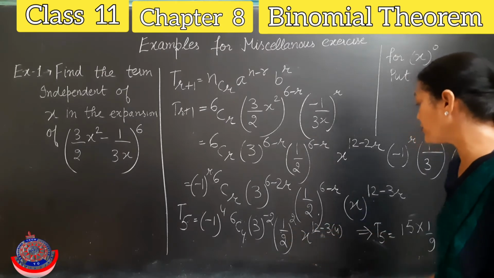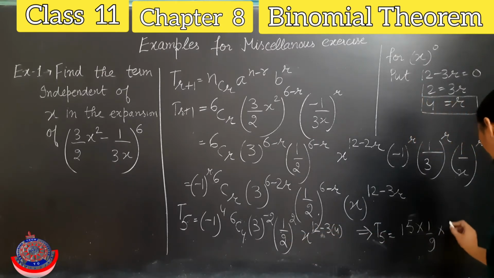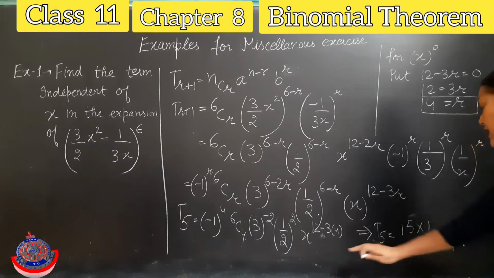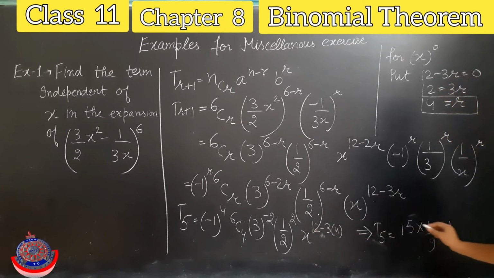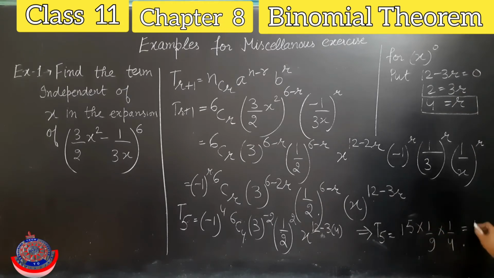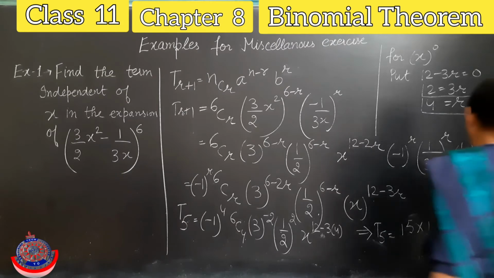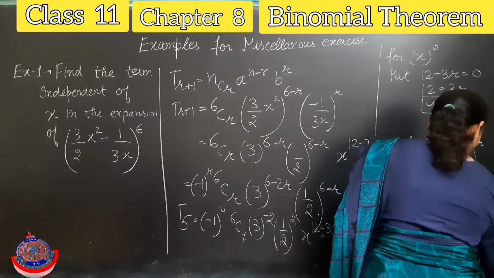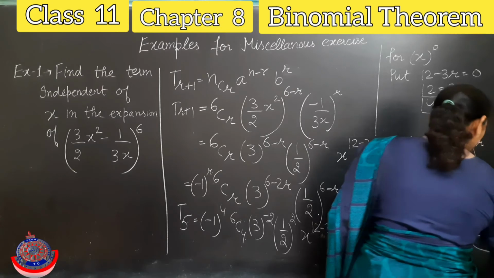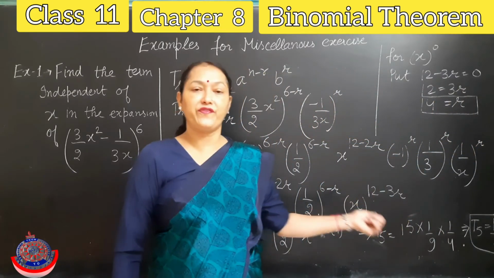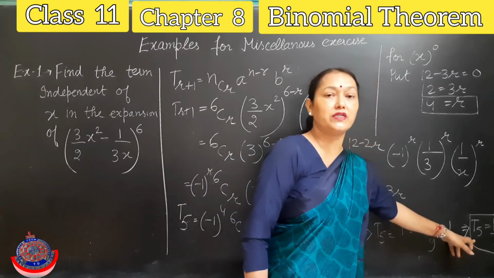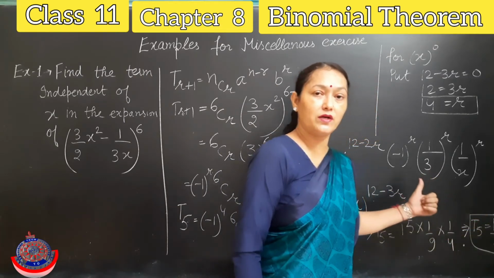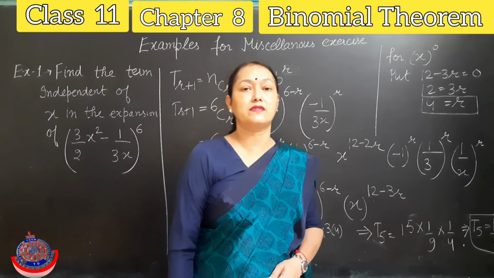Then 1 upon 2 power 2 means 1 upon 4, and this 12, 3 fours are 12, it will go, so we will get the fifth term as 15 upon 36. This is the numerical coefficient of the fifth term, and you can see that it is not having x with it. So the fifth term is the term which is independent of x.